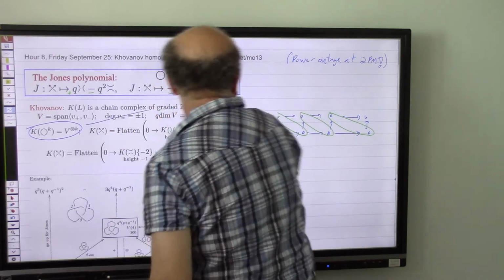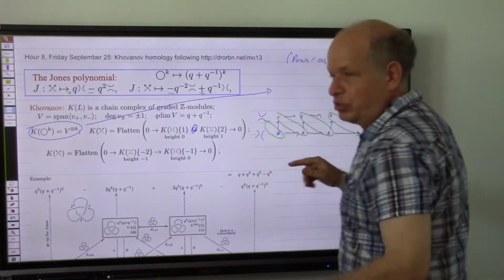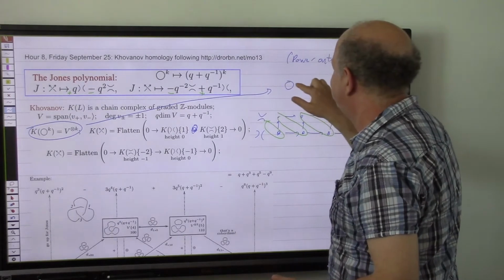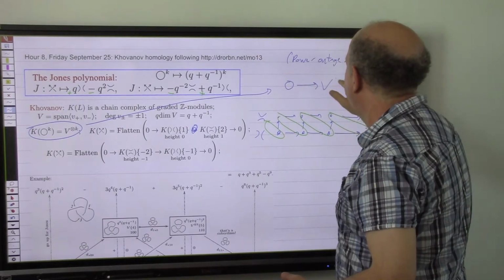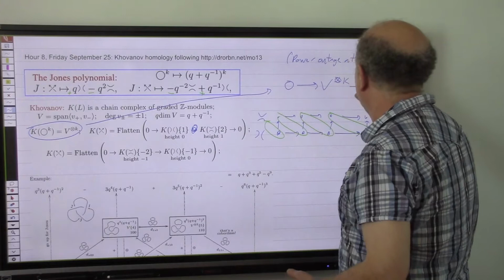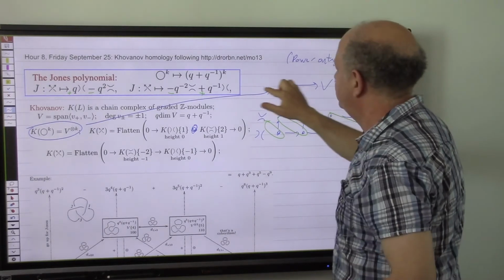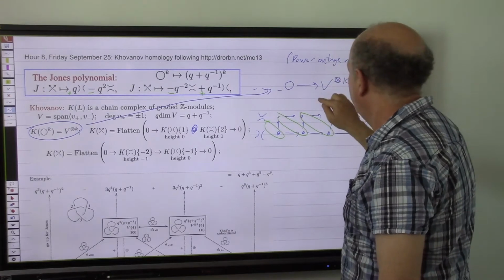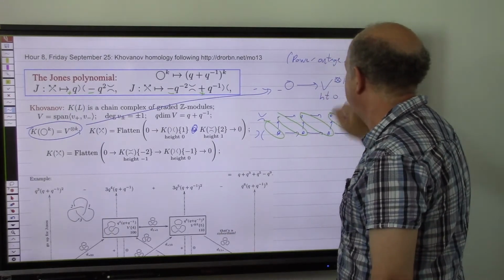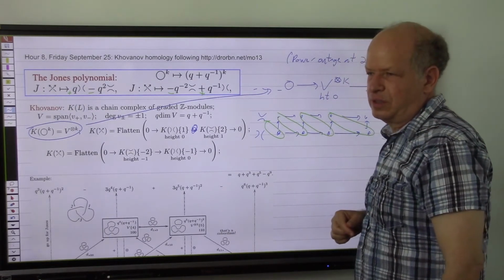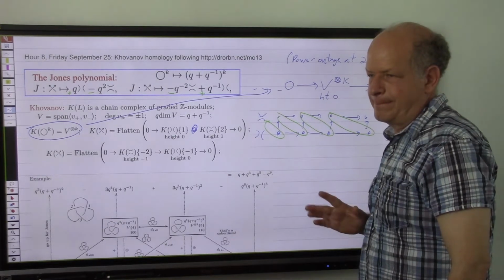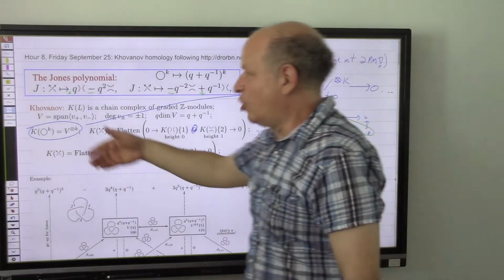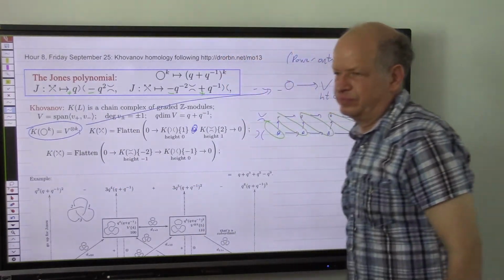So you can regard it as a complex by making it the complex 0 goes to V to the power k goes to 0, and 0 all the way to the left and to the right, where this is in height 0. Okay? So now K is always a complex.